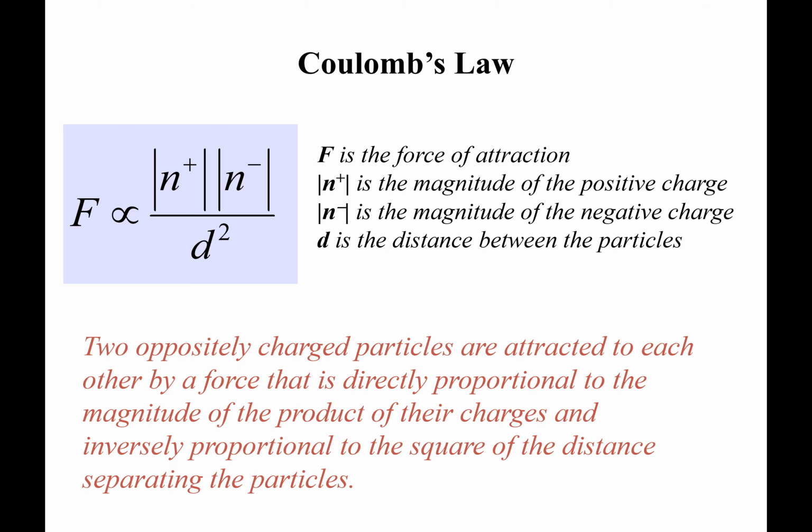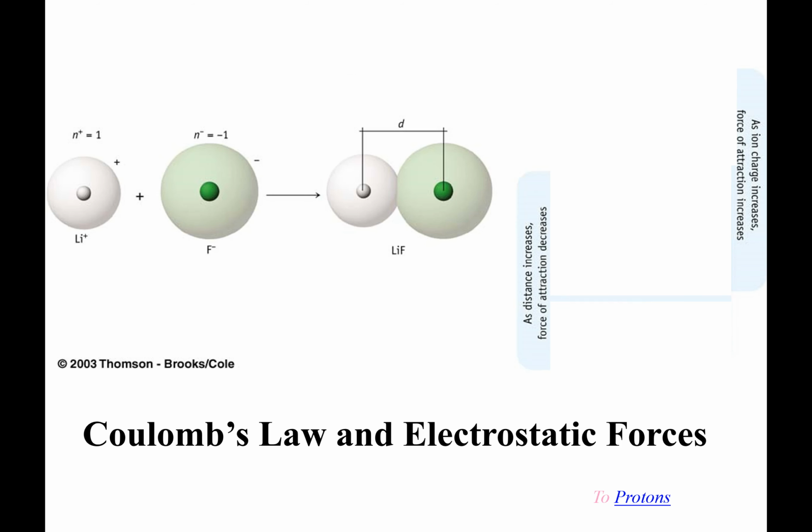This is talking about the attractive forces between the negatively charged electrons and the positively charged protons in the nucleus. Forces like this get weaker as the distance increases, specifically as the square of the distance increases.